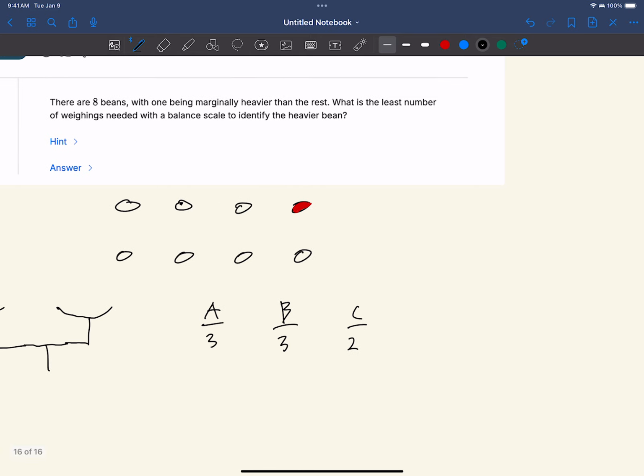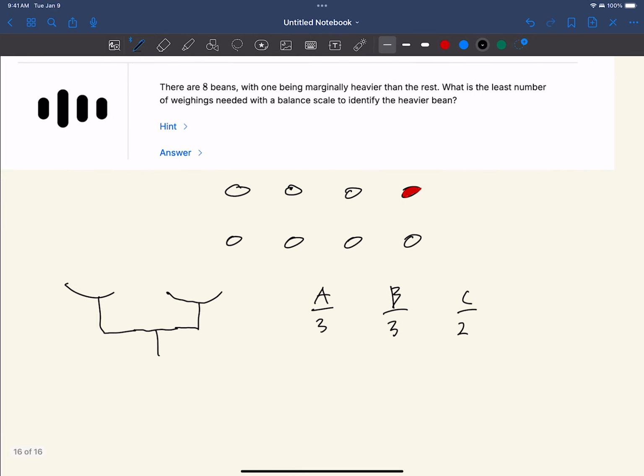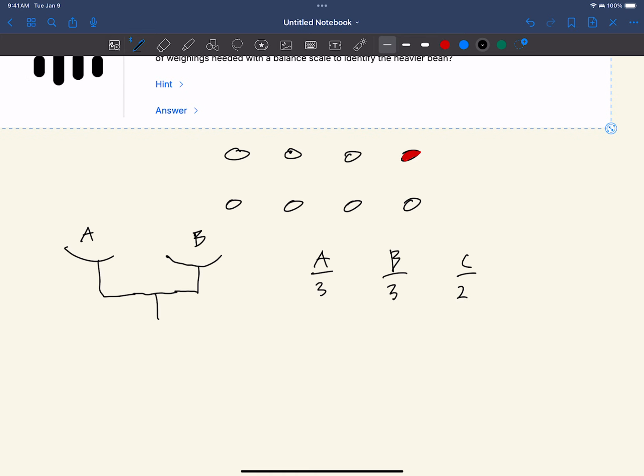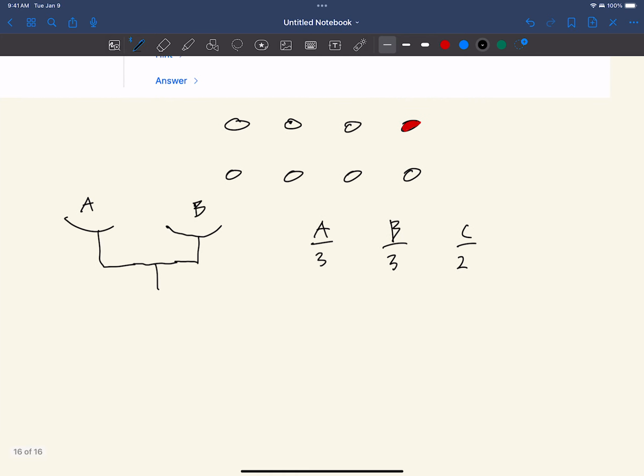So this is the 8 total beans divided into A, B, and C. If we weigh A and B, and they're equal, then we know group C has the heavier bean. So let's just say if A equals B, then C has the heavier bean.